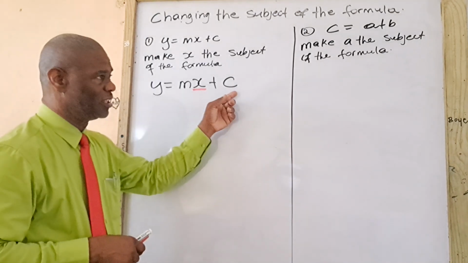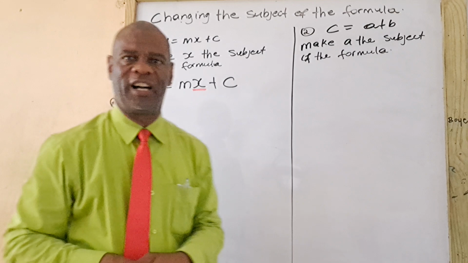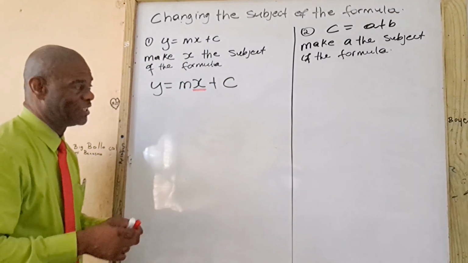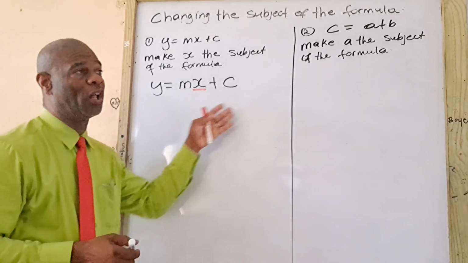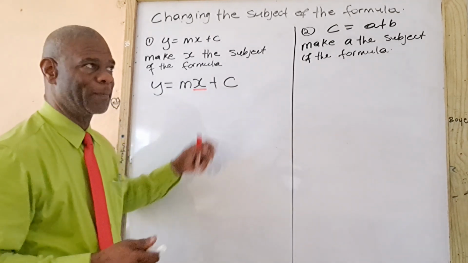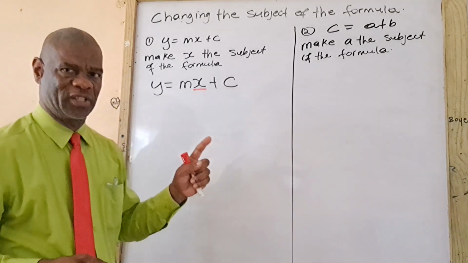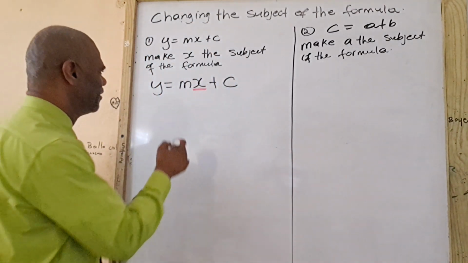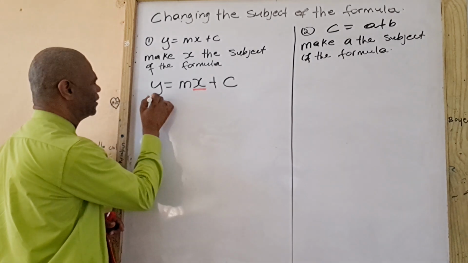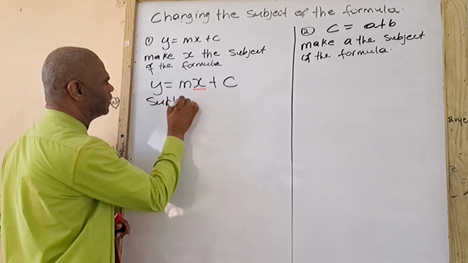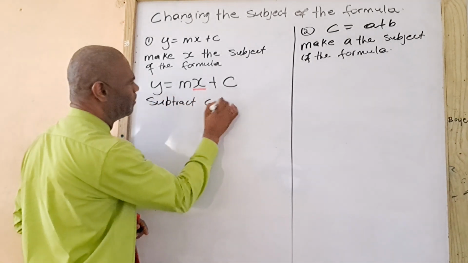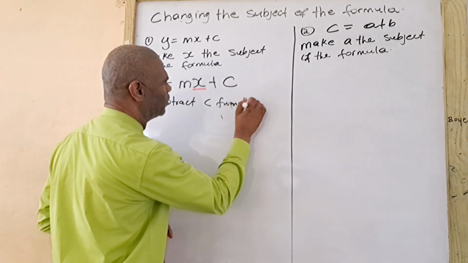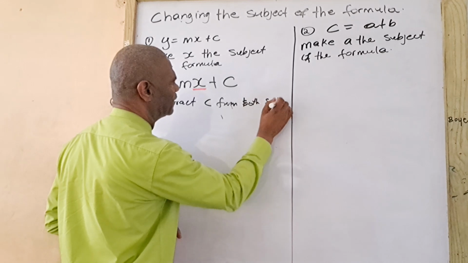So it's a plus c. To undo a plus, we are going to subtract. Remember, it's an equation. Notice it says y equals, so you have two sides. Whatever we do to one side of the equation, we must do to the other side. So we are going to subtract c from both sides.